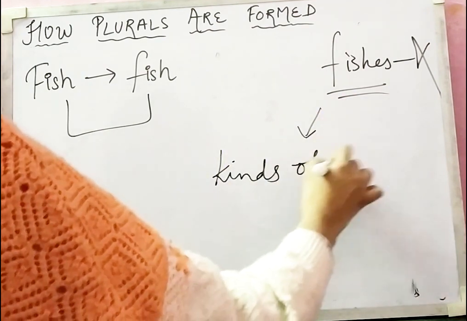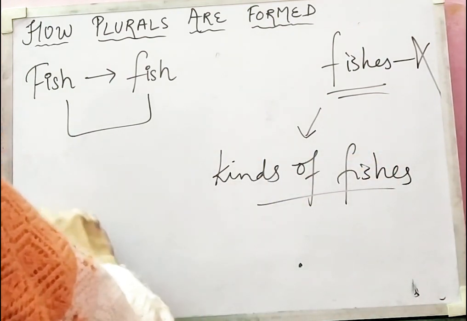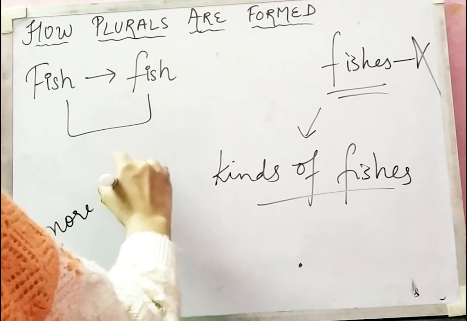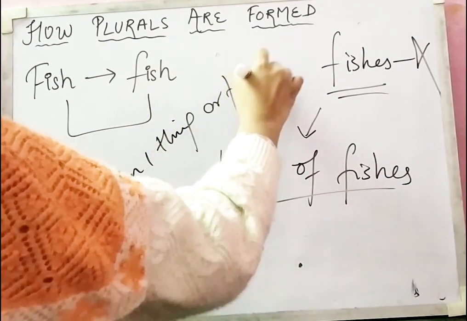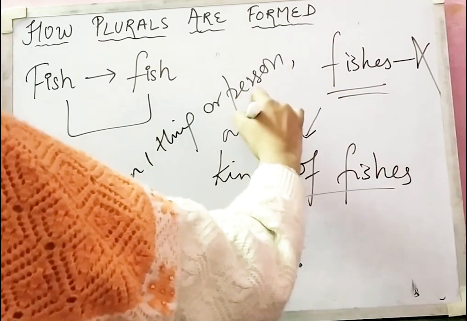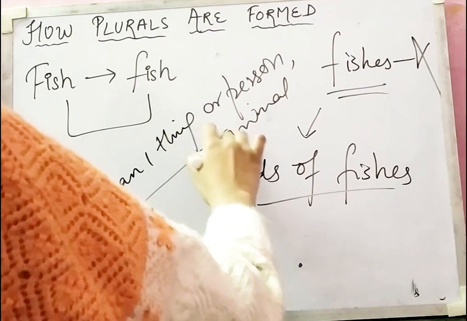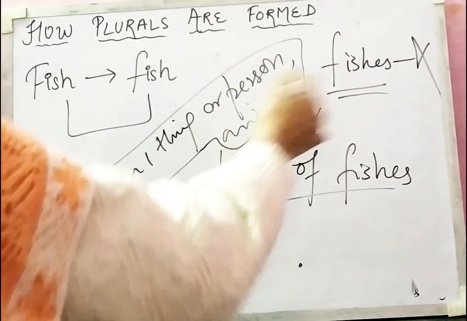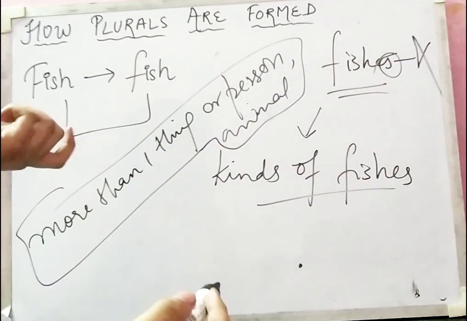Kinds of fishes. But you know the definition of plural is more than one. More than one thing or person, and in person animal also came. So this is the main concept of plural. This is not satisfying this. You have just added es, means this is plural.